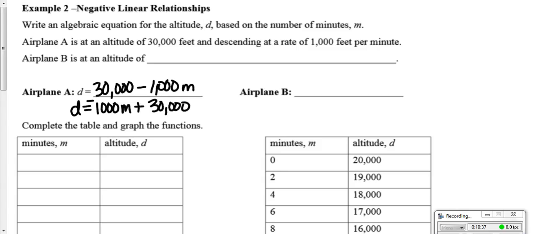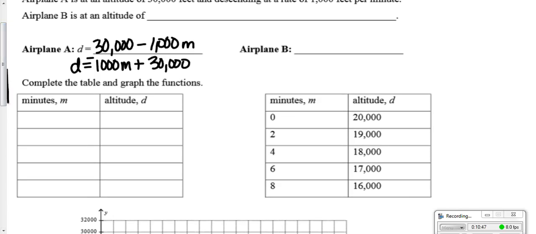Okay, let's go ahead and complete the table. Just like our first problem, we're going to compare the two tables. If I look at my second table, their minutes start at 0, but then it jumps by 2. So it's 2, 4, 6, 8.